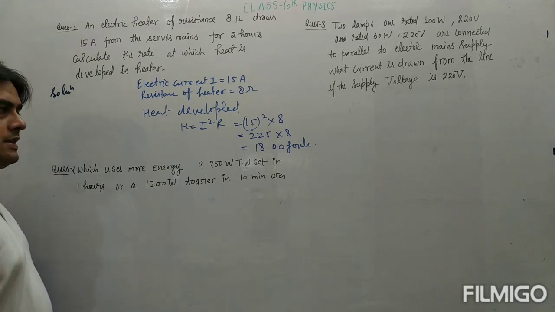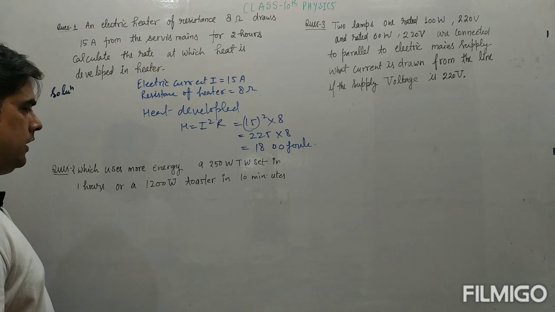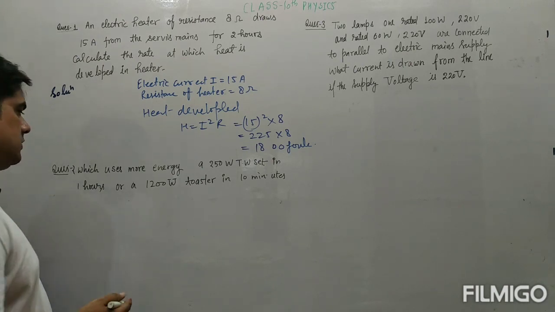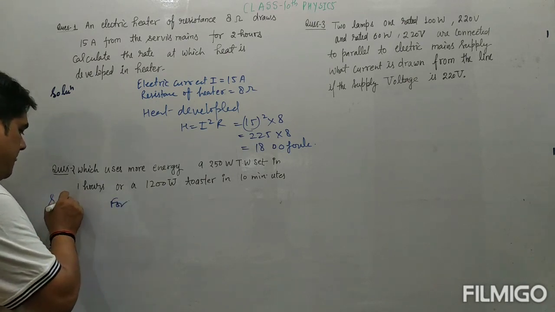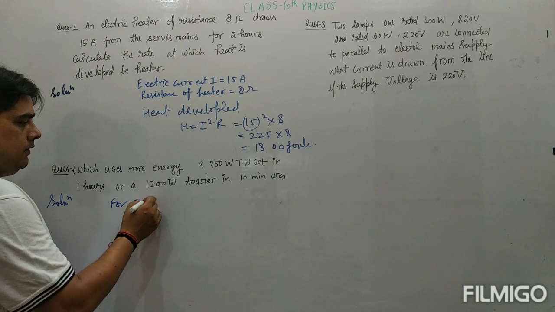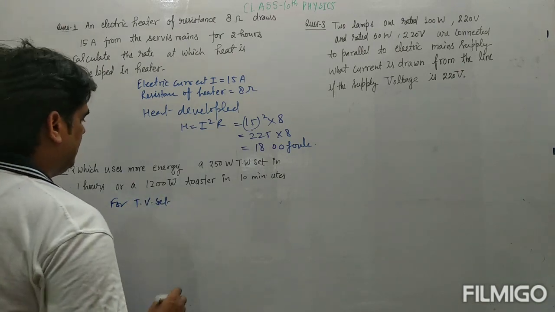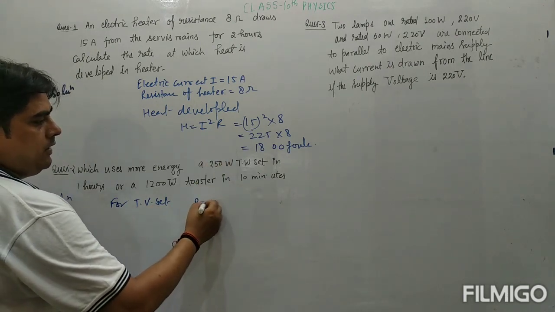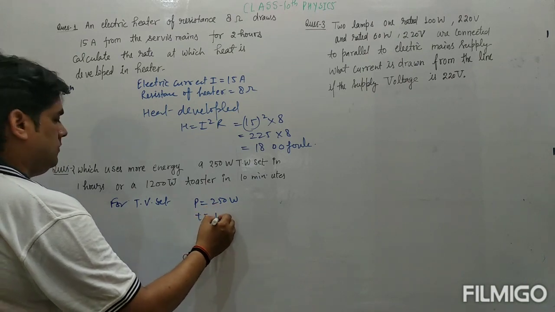And in the next problem: which uses more energy, a 250 watt TV set in 1 hour or a 1200 watt toaster in 10 minutes? Solution. For the TV set, power is equal to 250 watt and time is 1 hour.